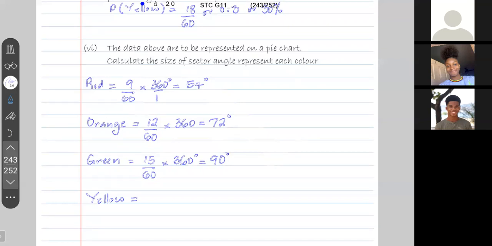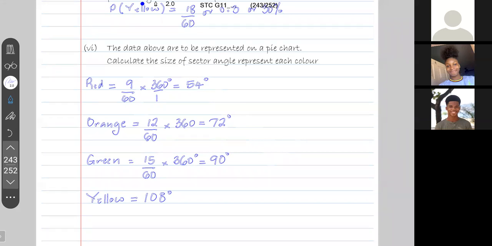Yellow, which is 18 students, is going to be represented by a sector angle of 2 times 54. The idea here is that if you double the data, you're going to double the sector angle that is representing the data.